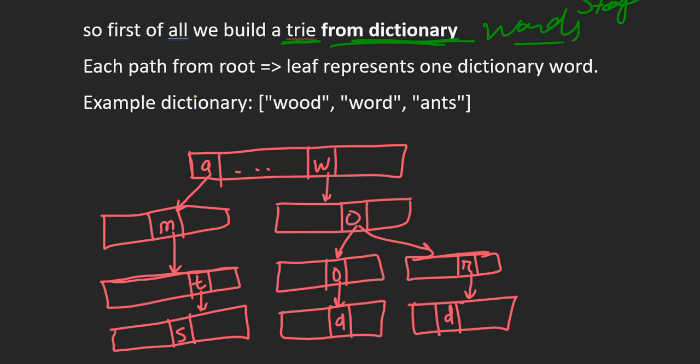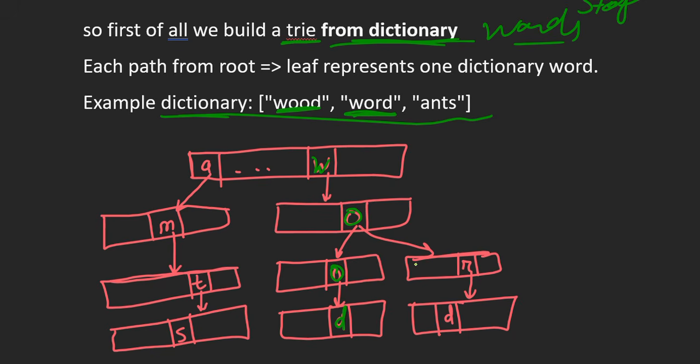So let's say this is our dictionary array: wood. First we have stored w, then we have stored o, then o, and then d. Now we have to store word. So we check, is w present? Yes, w is present, so we go to the next node. Is o present? o is present, so again we move to the next node.